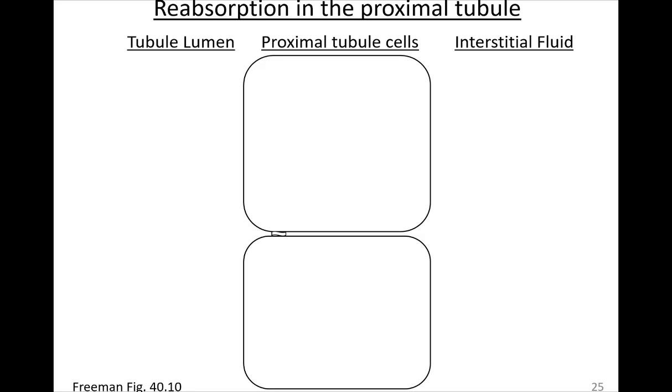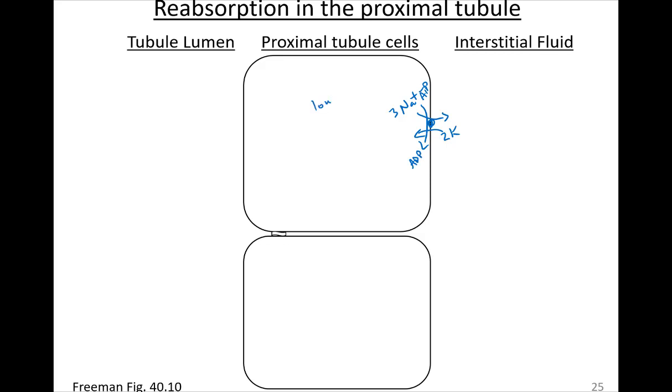So this is driven by what is by now becoming your favorite protein, the sodium potassium ATPase, which pumps sodium out across the basolateral sides of these cells into the interstitial fluid in exchange for 2 potassium, and that costs an ATP being broken down to ADP.